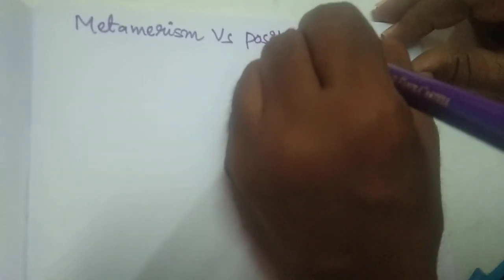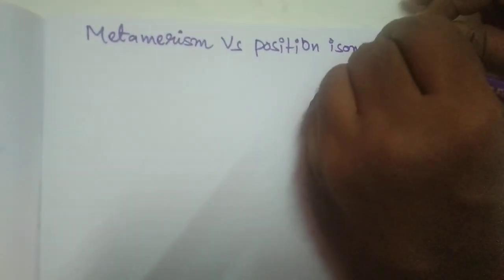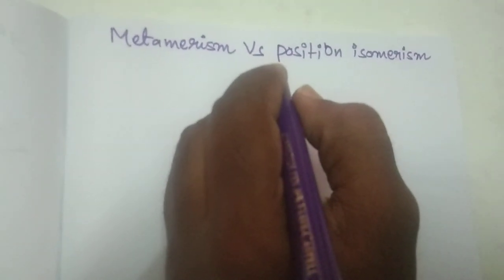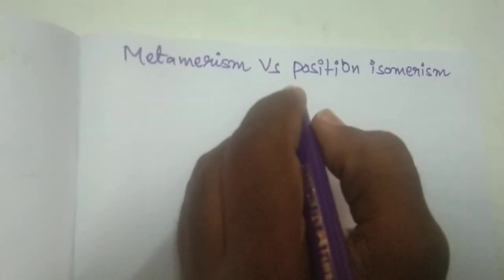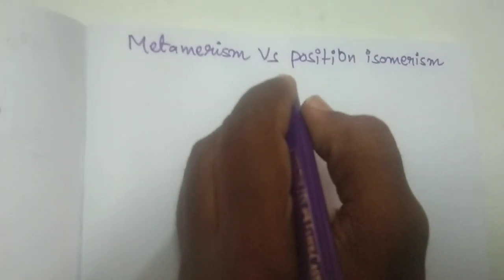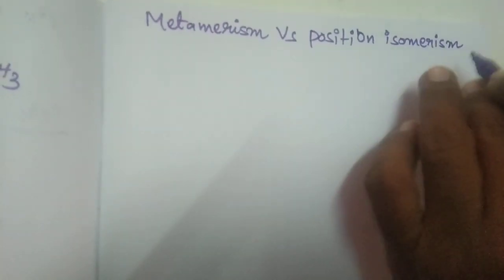Position isomerism, what did we explain about position isomerism? Any substitution or functional group which is located in different positions in the carbon chain, such isomers are called position isomers.